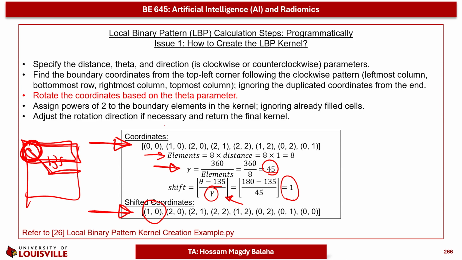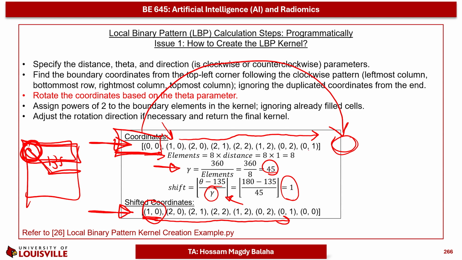So we will start from here. Then we will continue until we reach the end. What about the beginning coordinates? Simply take all of them and concatenate them at the end. So 1,0 until you reach 0,1, which is here, and the remaining will be concatenated here, 0,0. So this will be our flow to fill the LBB matrix.